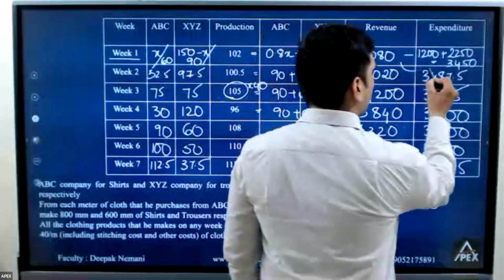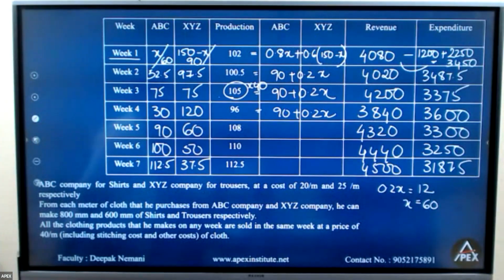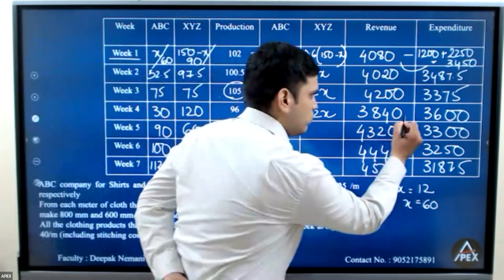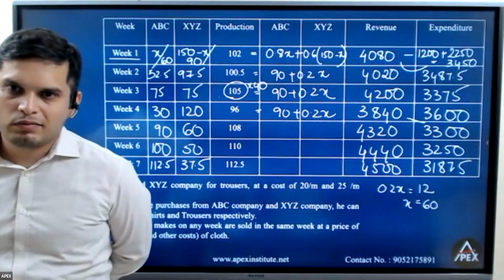So these two. So revenue minimum 3840, expenditure maximum 3600. So 3600 by 3840 should be the answer.